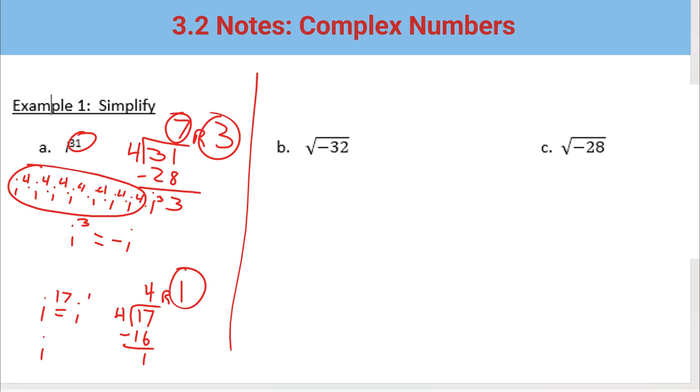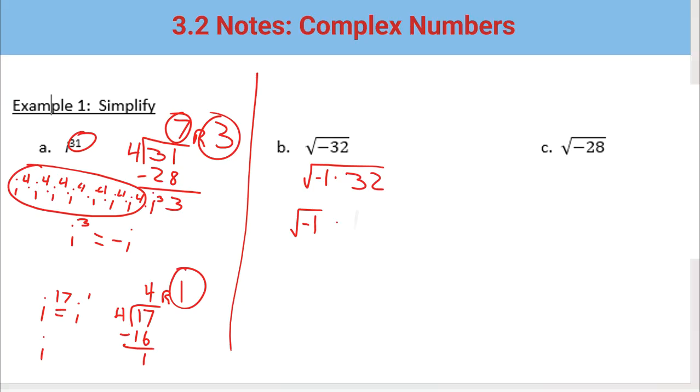Where this comes in more useful is simplifying something like this. What is the square root of negative 32? So I am going to separate the negative 32. I'm going to factor it out into negative 1 times 32. Okay, I know that the square root of negative 1 I can do.